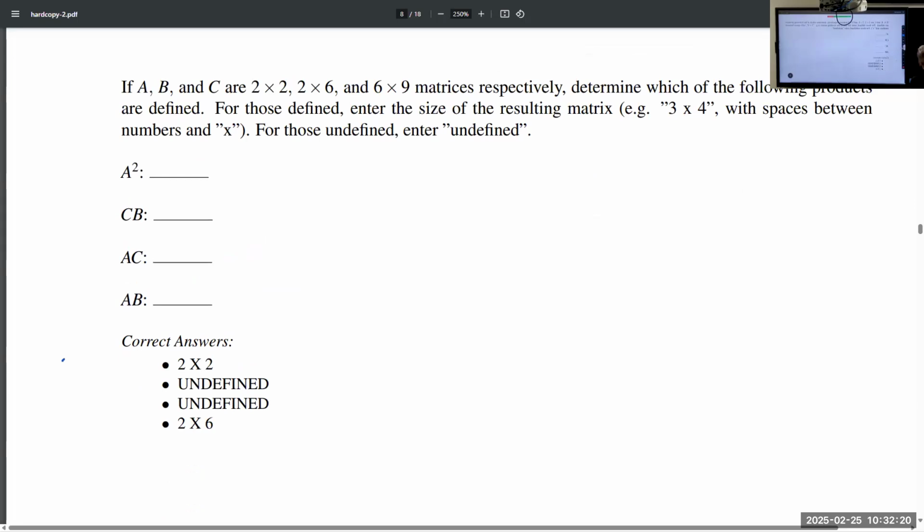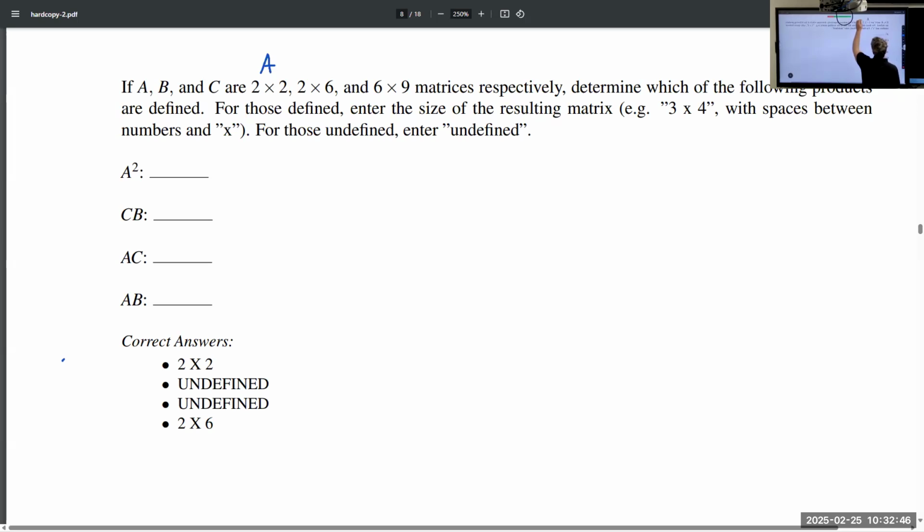If A, B, and C are 2 by 2, 2 by 6, 6 by 9 matrices respectively, determine which of the following products are defined. For those defined, enter the size of the result matrix, ergo 3 by 4, with spaces between the numbers and X. For those undefined, enter undefined. A squared.